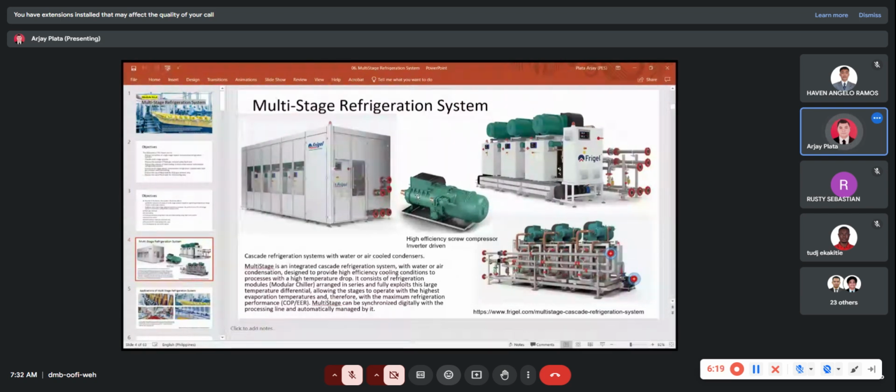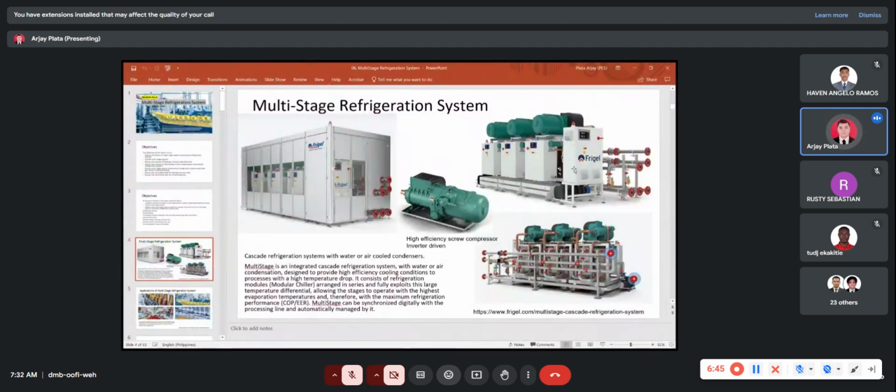Because compared to reciprocating compressor, the one that you will find on our appliances, this screw compressor has higher capacity. So that's why it can be used here at multi-stage.